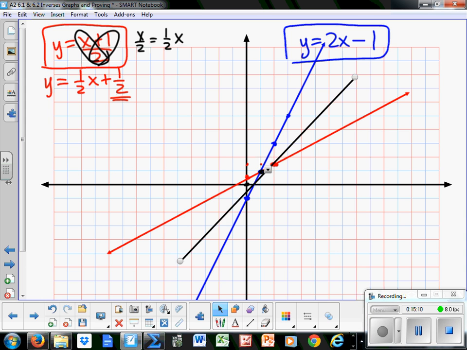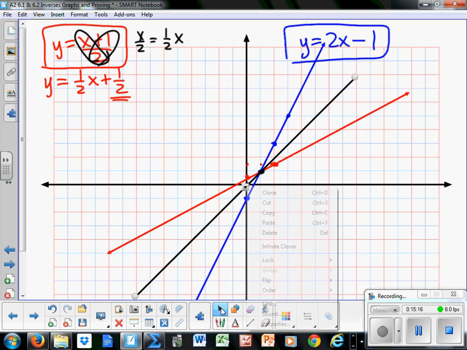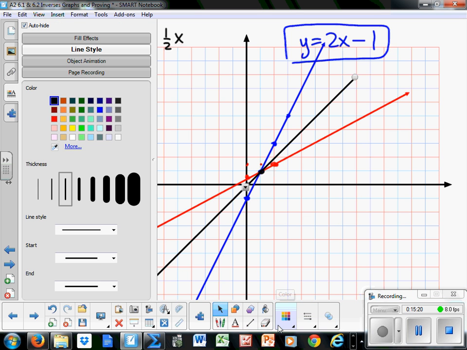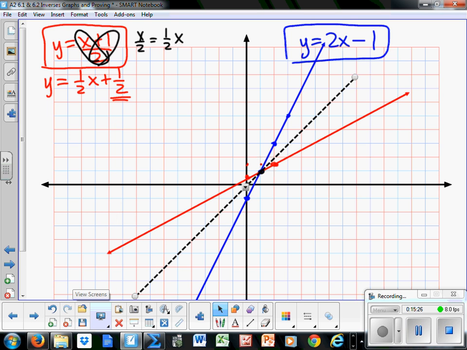I need you to eyeball it and say, does it look like if I reflect the red line across this black line, which I'm going to make dotted because it's not really there, does it look like this blue line would reflect across here and become the red line?